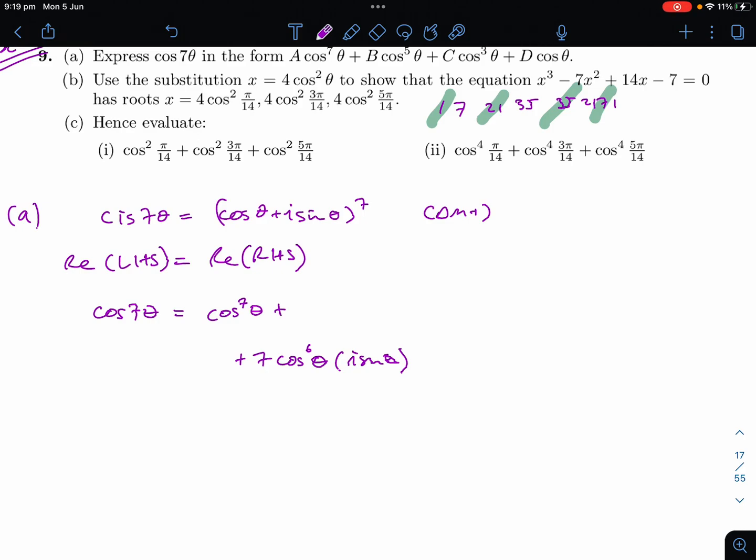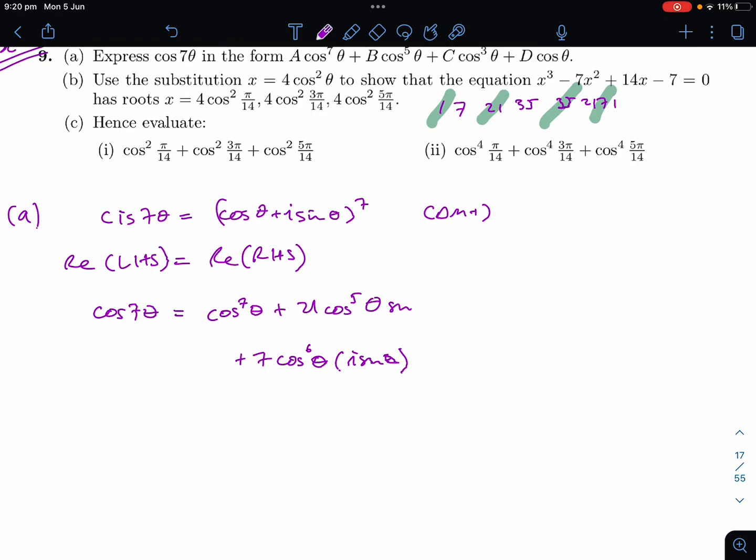So this is plus 21 cos to the power of 5 theta, sine squared.